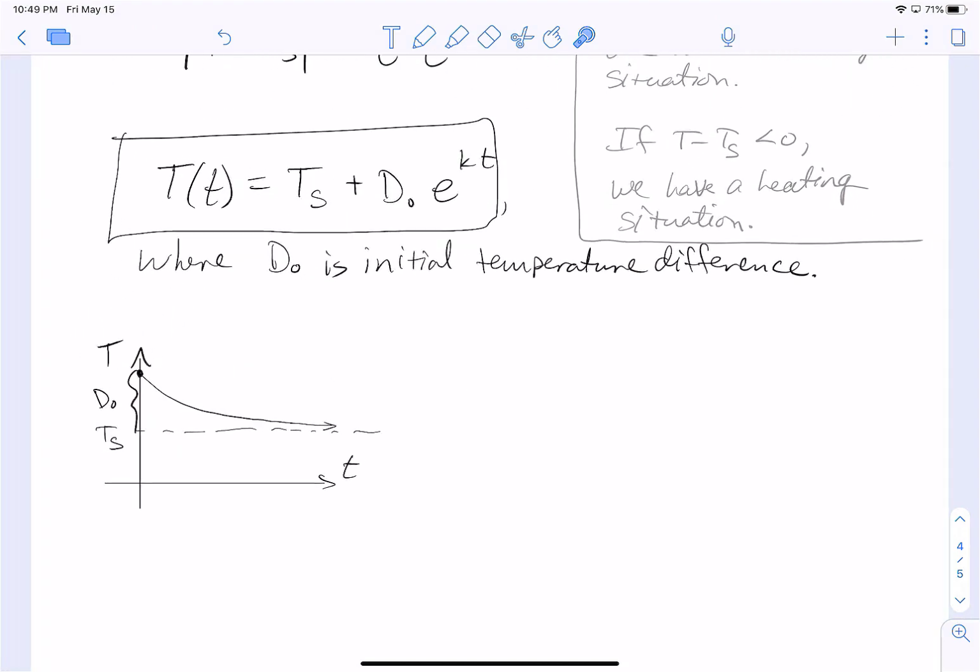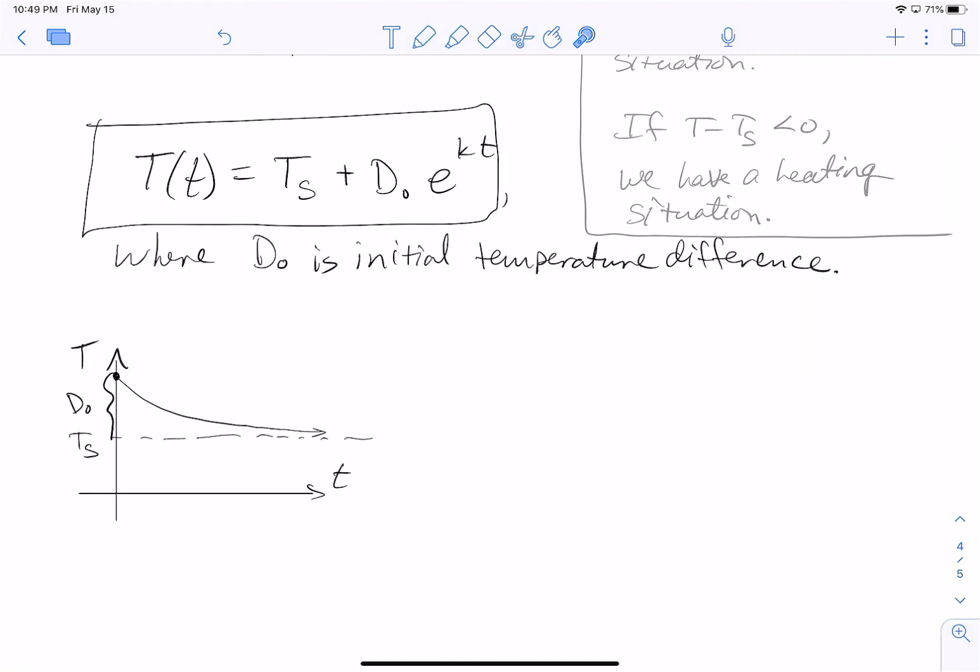This is what is meant by a constant relative change in temperature. And because this is a picture of decay, that will mean that k is negative. This picture goes along with the case that D sub 0 is positive.